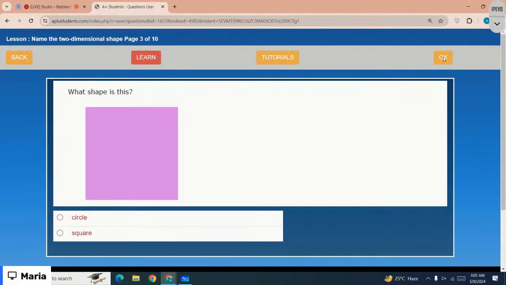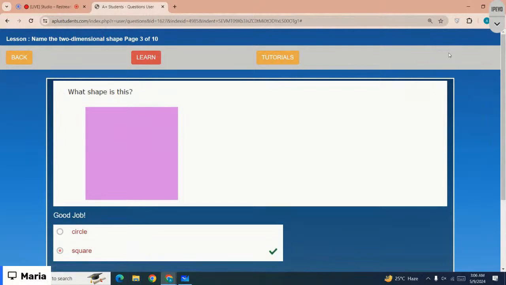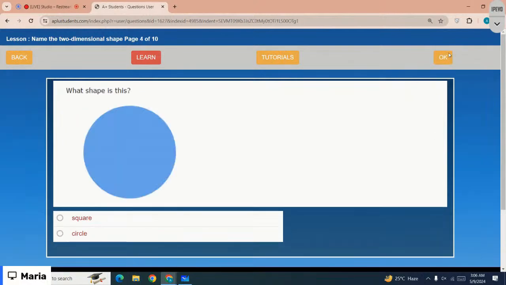It is a four-sided shape, so that must be a square. The correct option is square. What shape is this?